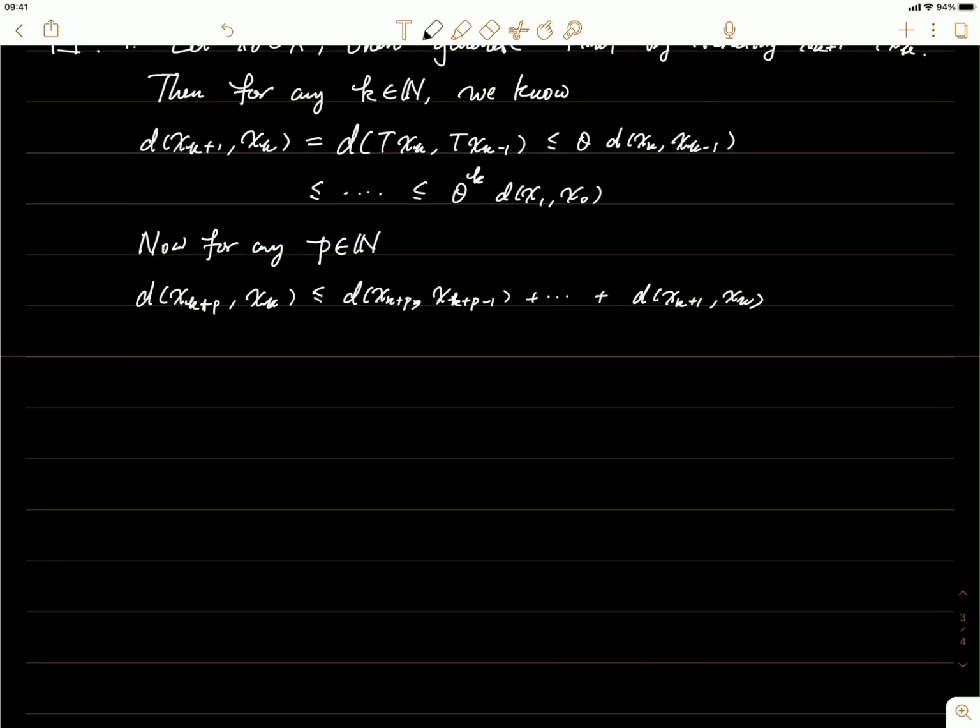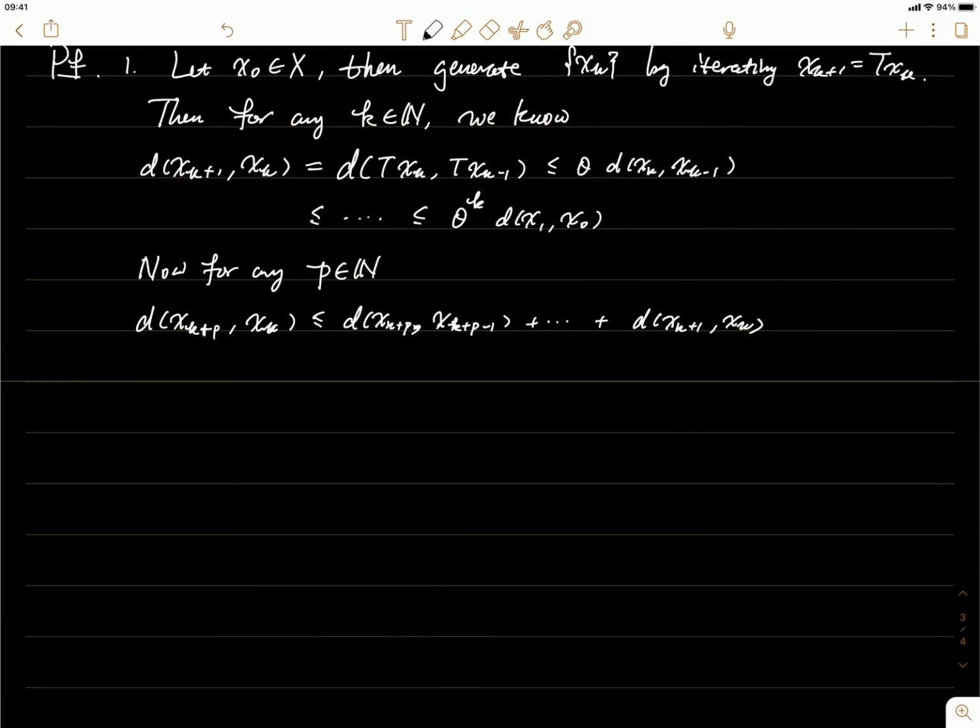The last term is less than or equal to theta to the power k times d(x1, x0). The one right before it gives theta to the power k plus 1, all the way to theta to the power k plus p minus 1.